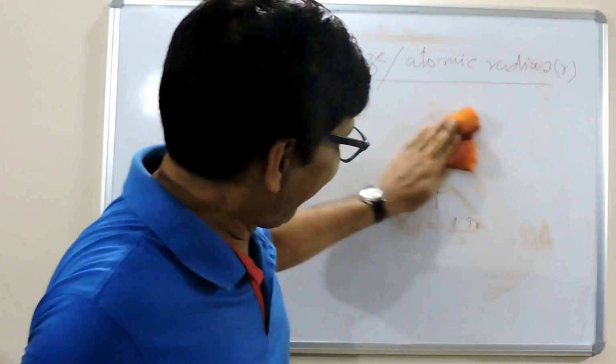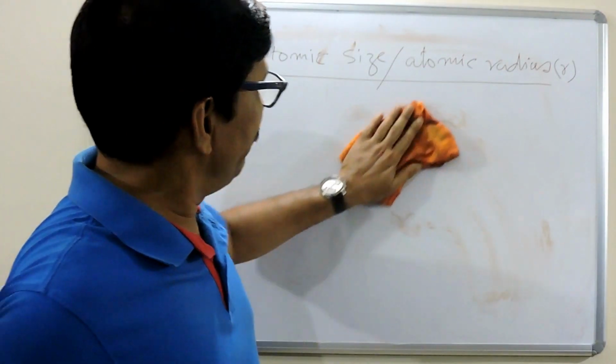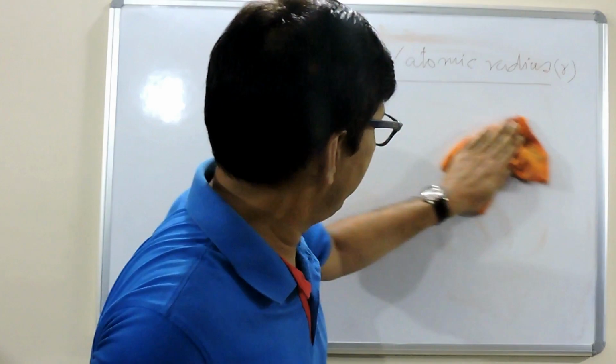Now, what are the factors on which this atomic radius will depend?